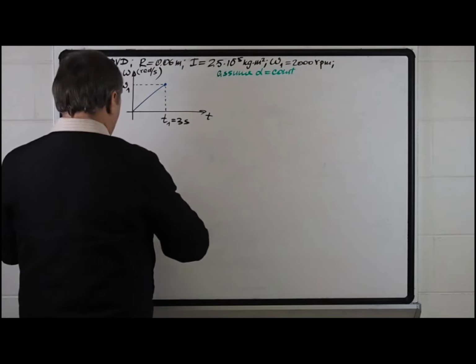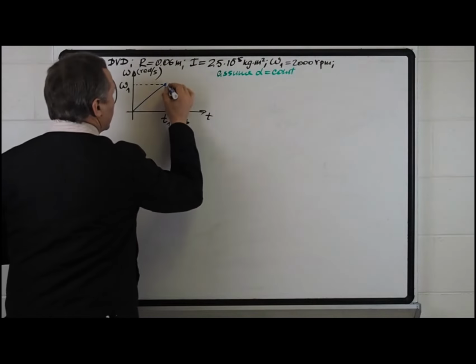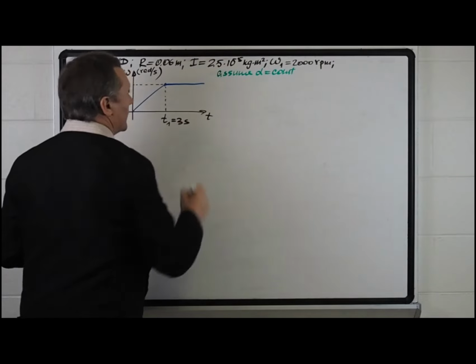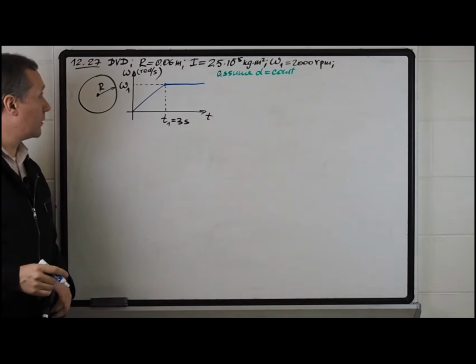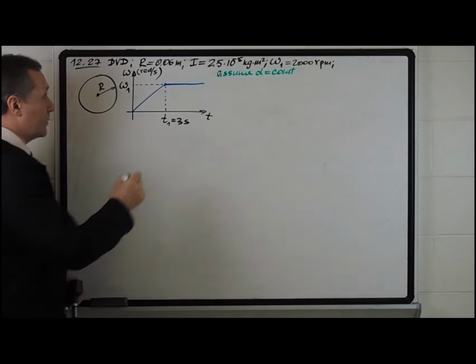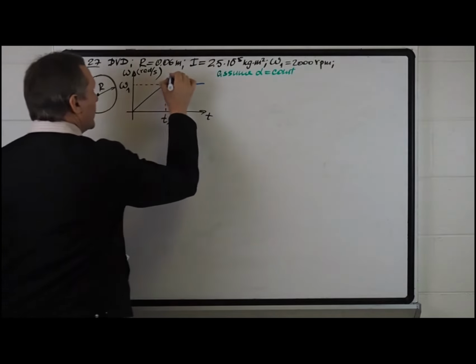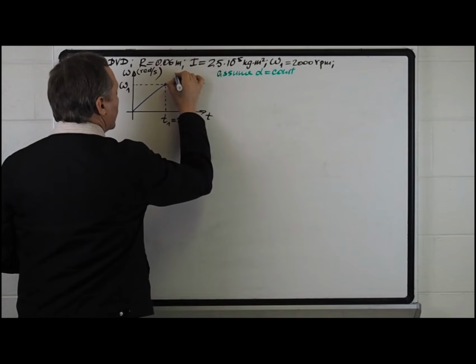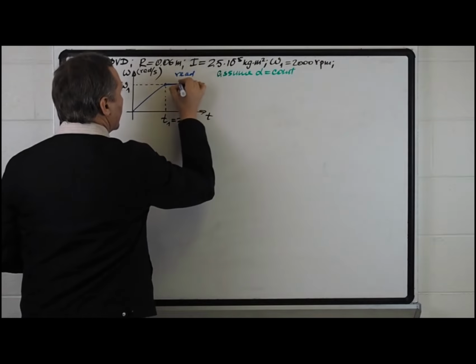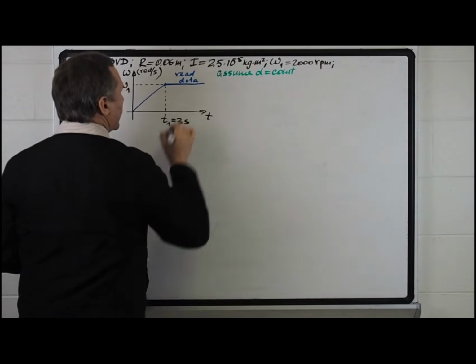And then after this point, the disk spins with constant angular velocity. Right? So it means that acceleration is 0. So here, the computer reads data. Over here, the computer reads data. Right?